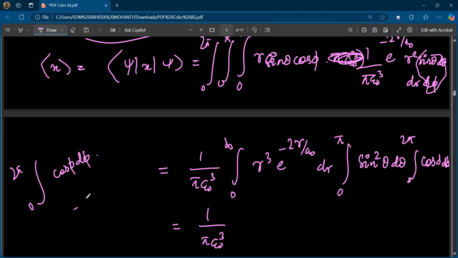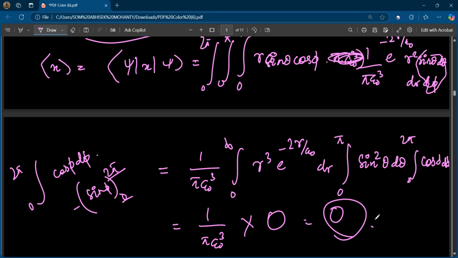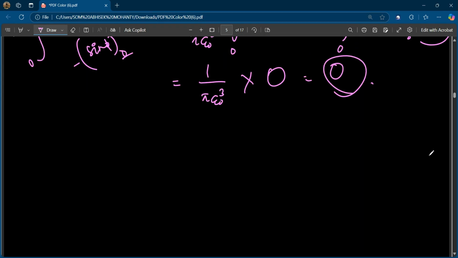The integration of cos phi is sin phi, evaluated from 0 to 2 pi. Sin 2 pi is 0, so it is 0. So the expectation value of the x coordinate is 0. I hope you got it. You don't need to worry about these integrations now; if you do the last one, you'll get 0.